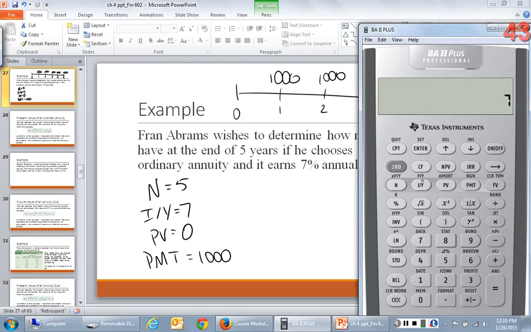The interest rate is 7. The present value is 0. The payment is $1,000. And we want to know what the future value is. So we compute future value. And we get $5,750.74.